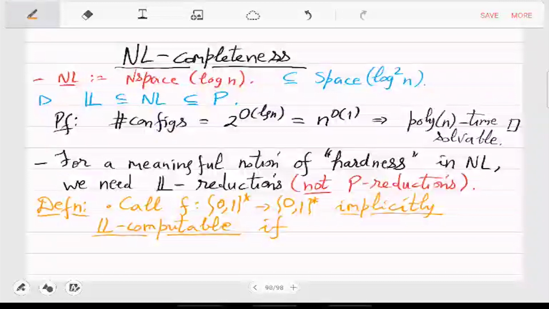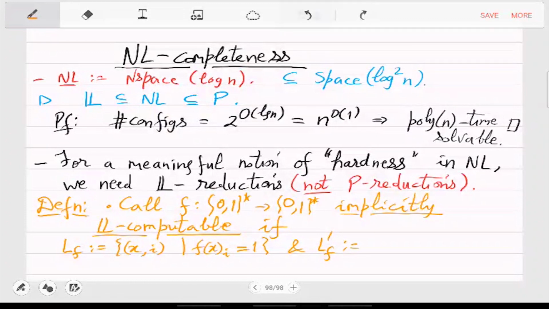So, that is what we will say. If the language L_f, which is input string x and ith location is 1, and the language L_f prime, which is again input string x and ith location, the length of f(x) is at least i.